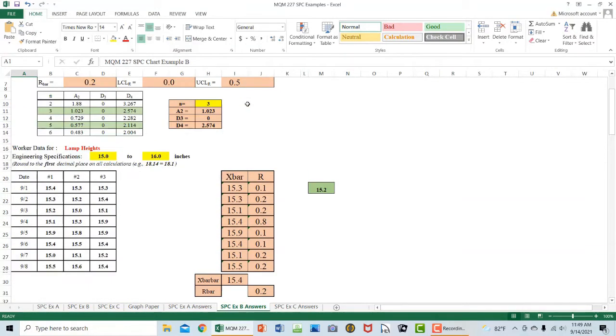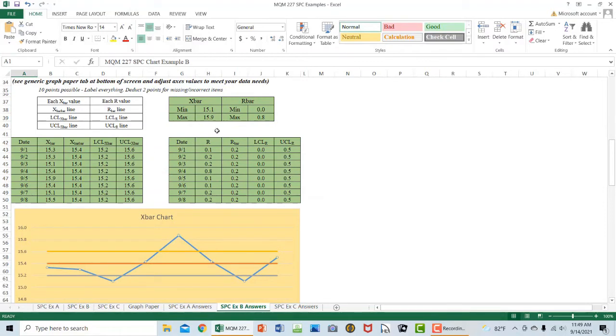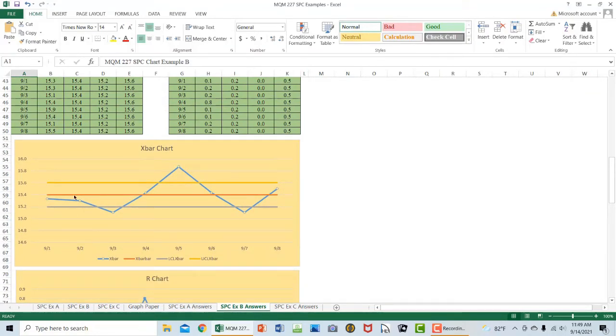So we've got all these numbers, and again the green things are just my way to create a graph, and so you will not need to create the things in green. But if I plot the X bar chart, it will look like this. Here's the upper control limit for X bar. The X bar is orange.